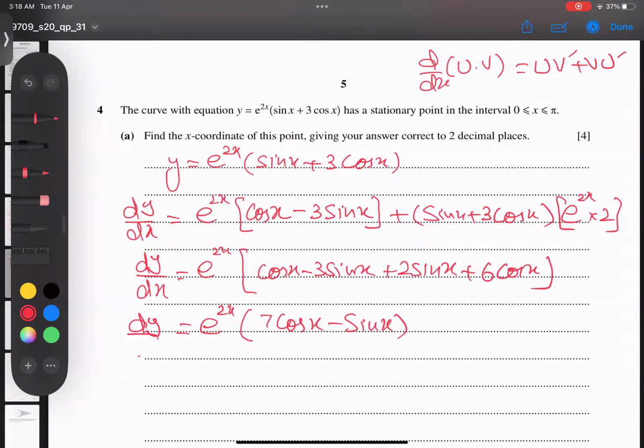Okay, and let's see once again. This minus sign is okay. Minus 3 is okay. Minus sign is here. Let me recheck. E to power copy. Sine derivative is cos. Cos derivative is minus sine.